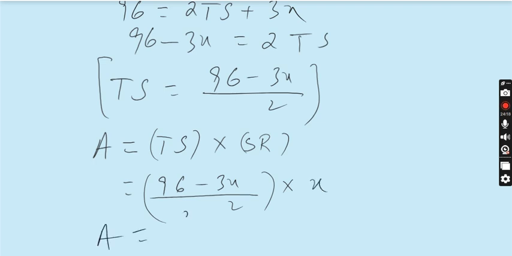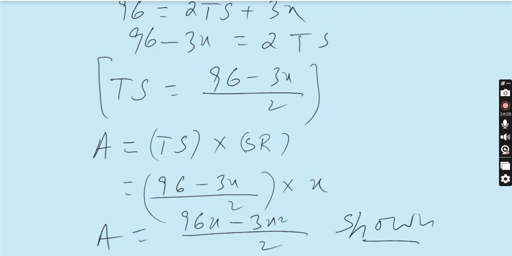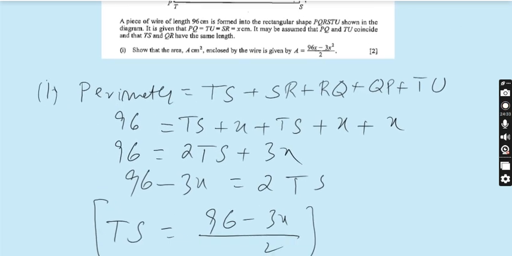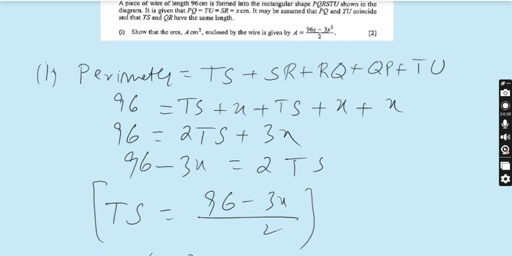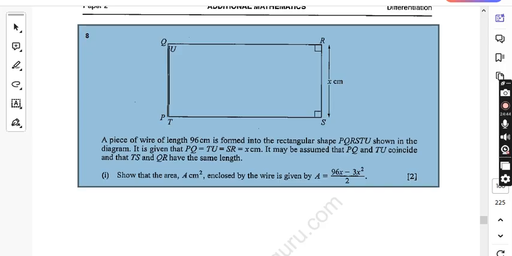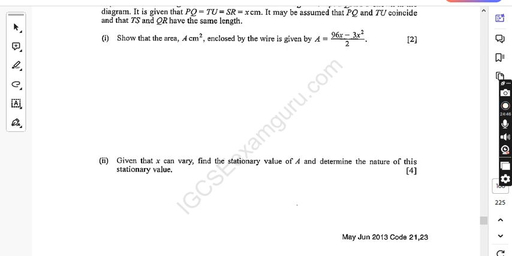So 96 into x is 96x, 3x into x is 3x square upon 2. Shown. This is what they required: the area A centimeter square enclosed by the wire is given by A equals 96x minus 3x square upon 2. Move to next part. Definitely this part will be used in the next.